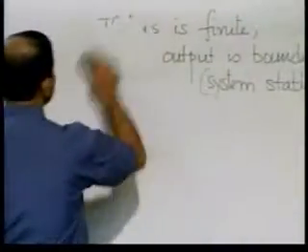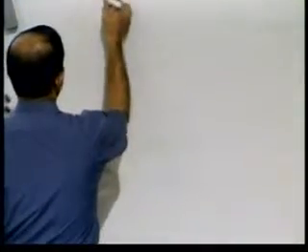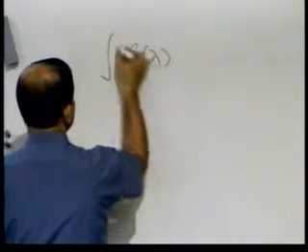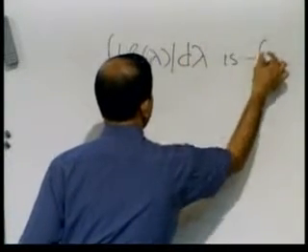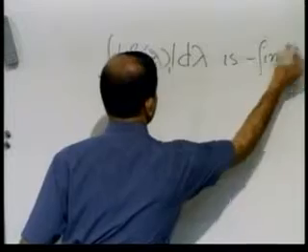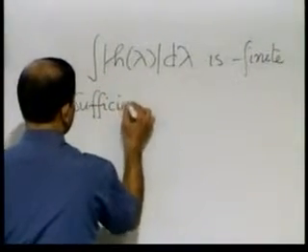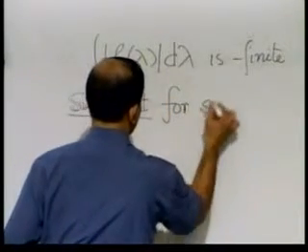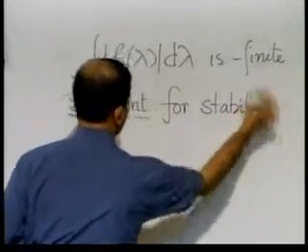So what do we need to do? Let's put down the problem that we are addressing. So this condition, the condition integral mod h lambda d lambda is finite, is sufficient for stability. Is it necessary?